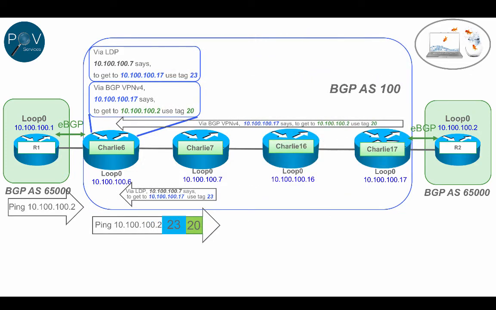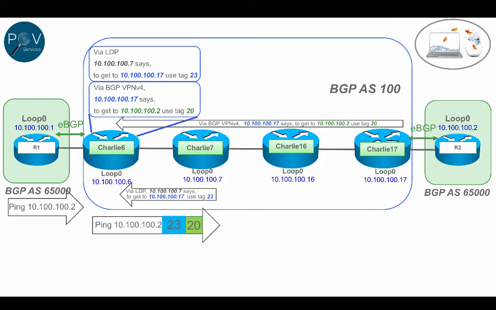So what's actually going to happen is Charlie6 is going to take both sets of this information: the BGP VPNv4 information it got from Charlie17, which says that 17 can help you get there, use a tag of 20. That will be our inner label. Then we need another label that actually gets us to the one who told us to use the inner label. And Charlie7, we noticed in line 59 of the sniffer trace, said to use tag 23. So now we see we're supposed to put a 23 and a 20 in.